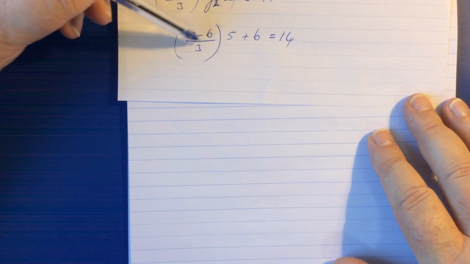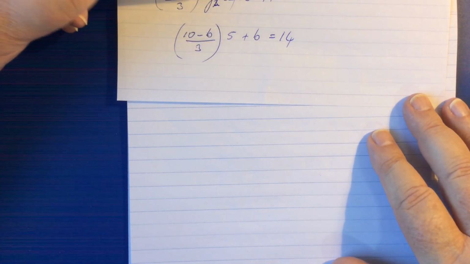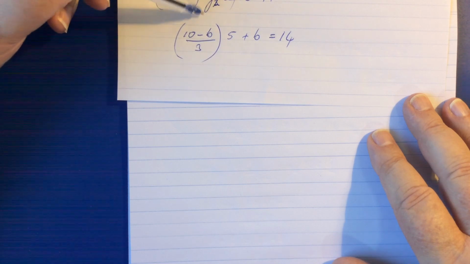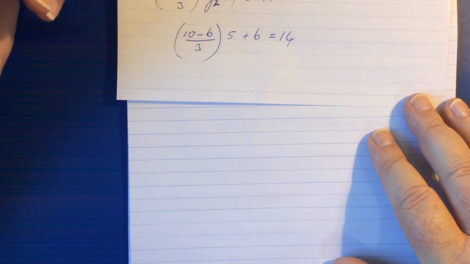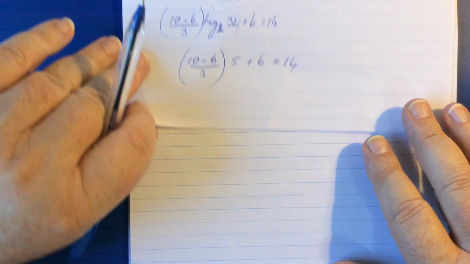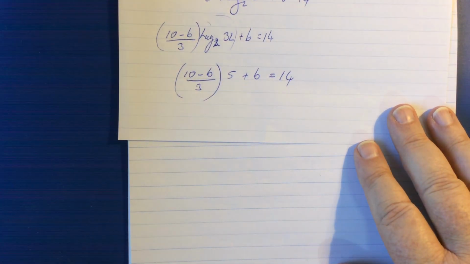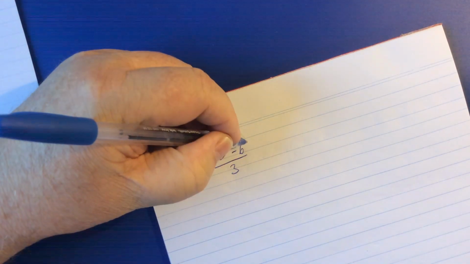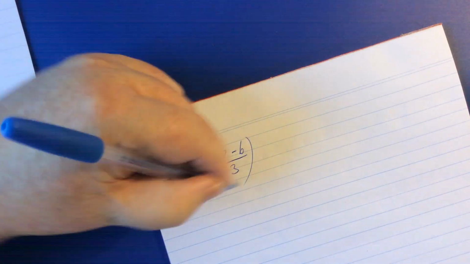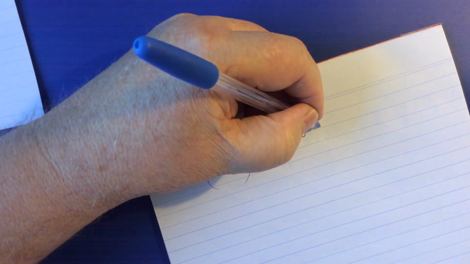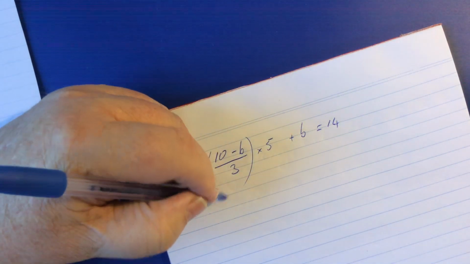That should be (10 minus b) over 3 times 5, which is the equivalent of this expression here, plus b equals 14. Right, so I'll just rewrite that at the top of this page and continue my working. So 10 minus b, emphatically b, times 5 plus b equals 14.